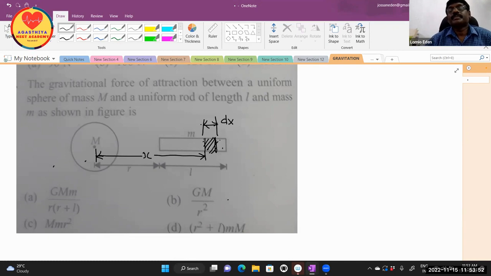Now we are going to take two references: one is capital M, and the other is a small mass located at distance x with thickness dx. We have to calculate the mass of the small portion.